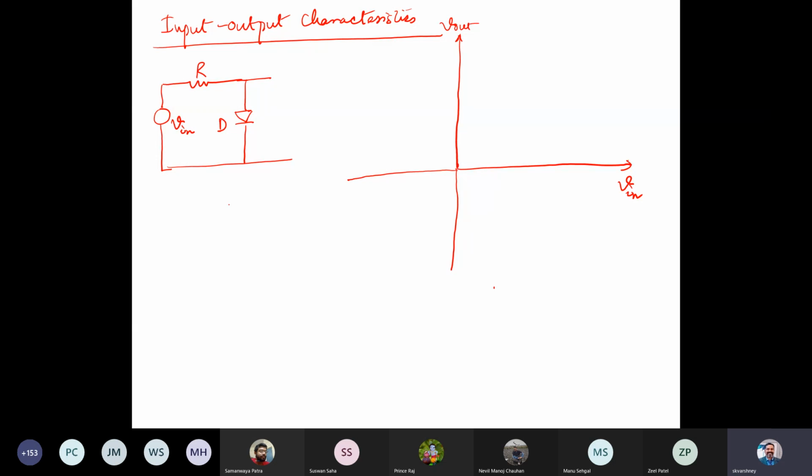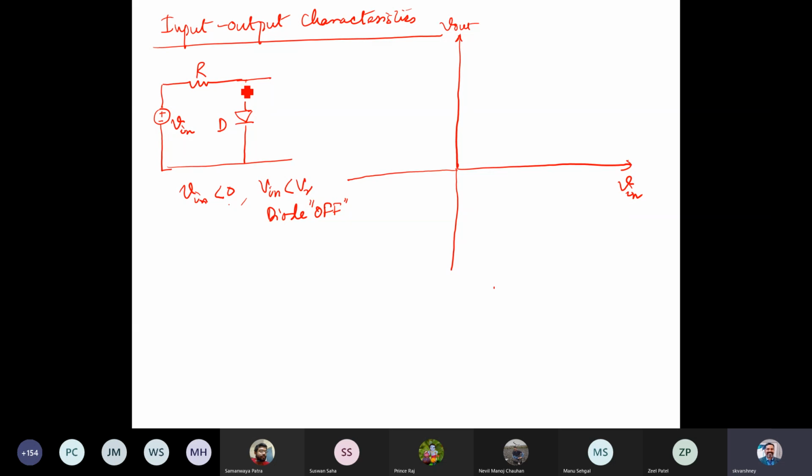Right. So when it is, let's say, plus minus, what you will see is that when the input voltage V in is less than 0, or less than V gamma if we take a silicon diode, when V input is less than V gamma, diode is off, right? Diode is off, it doesn't conduct, so it acts as an open circuit.